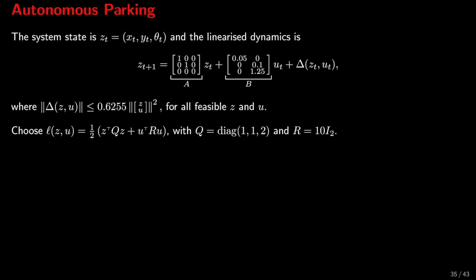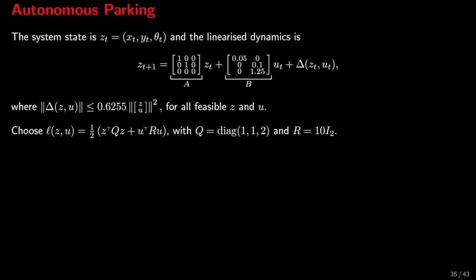We choose a quadratic stage cost function. So L of z and u is 1/2 z transpose Q z plus u transpose R u. And we select Q to be a diagonal matrix with positive diagonal entries 1, 1, and 2. By choosing this matrix Q, we give more importance to how fast theta converges than x and y.